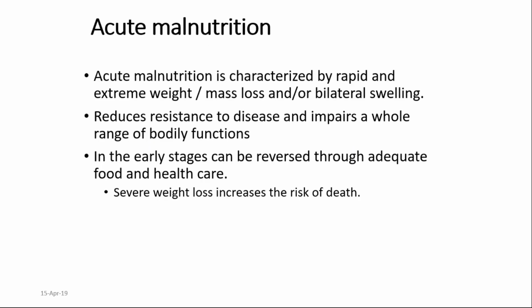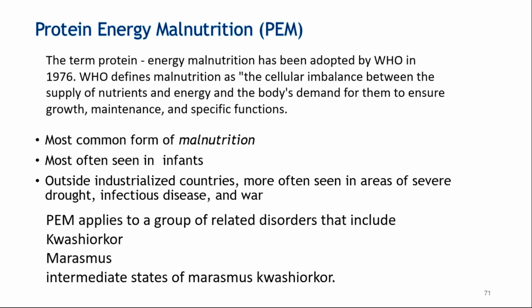Acute malnutrition is characterized by rapid and extreme weight loss, which reduces resistance to other diseases, and in early stages it can be reversed by giving enough nutrients, that is adequate food, both in terms of micronutrients and macronutrients.